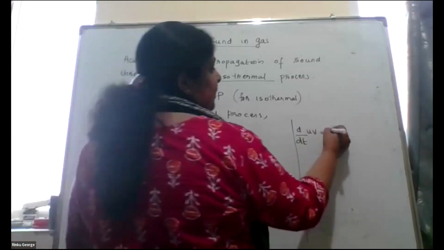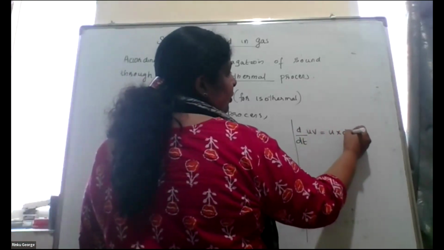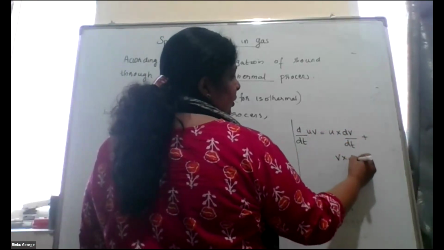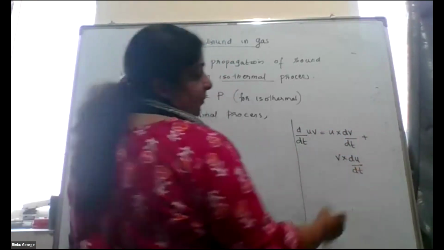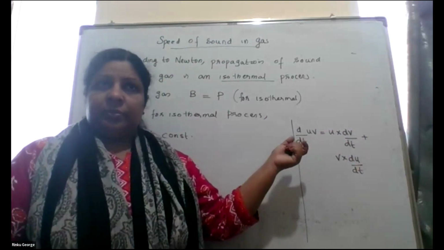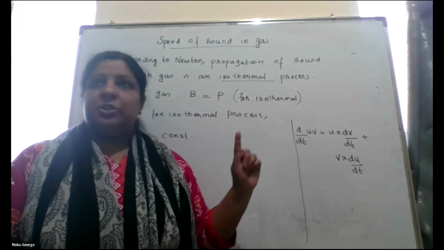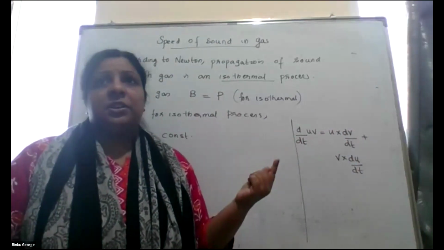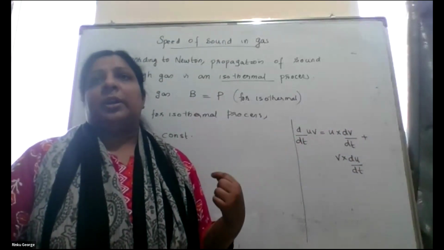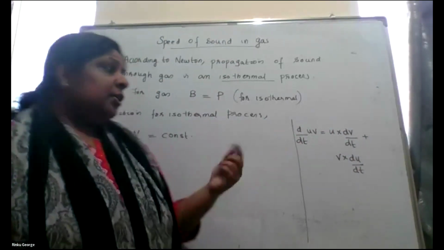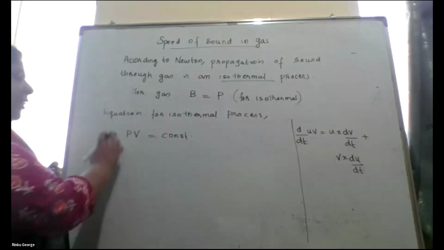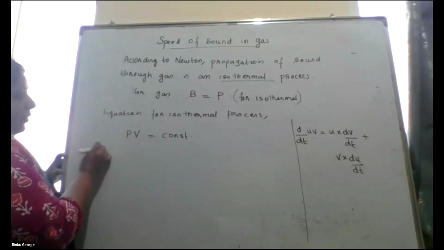If you want to differentiate U into V, first means U into differential of second, dV by dt, plus second, V, into differential of first, dU by dt. That's the formula, so you will be applying that. You will be differentiating this.